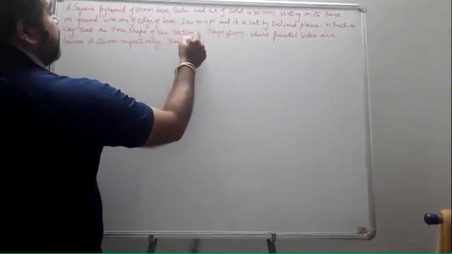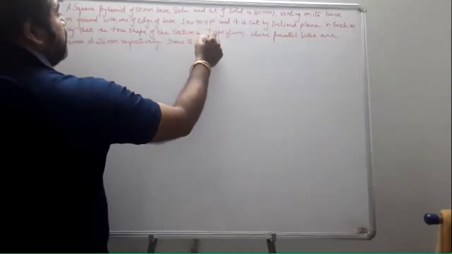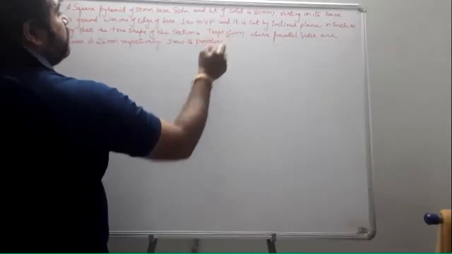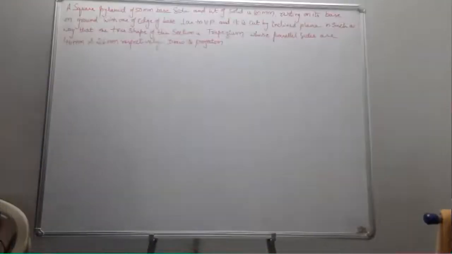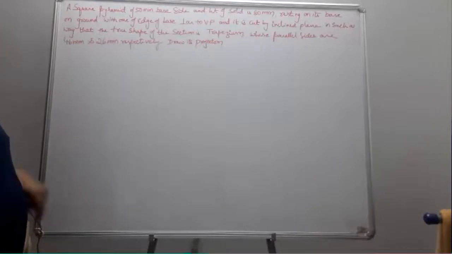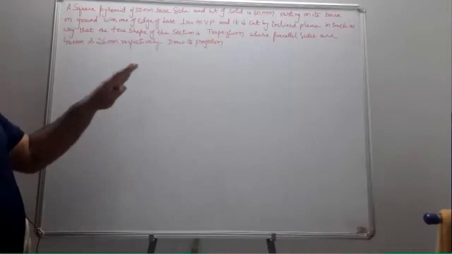So draw its projections. Projections means it's a sectional view, with the top view, front view, and true shape. Here the solid is cut by a plane inclined to HP and perpendicular to VP.